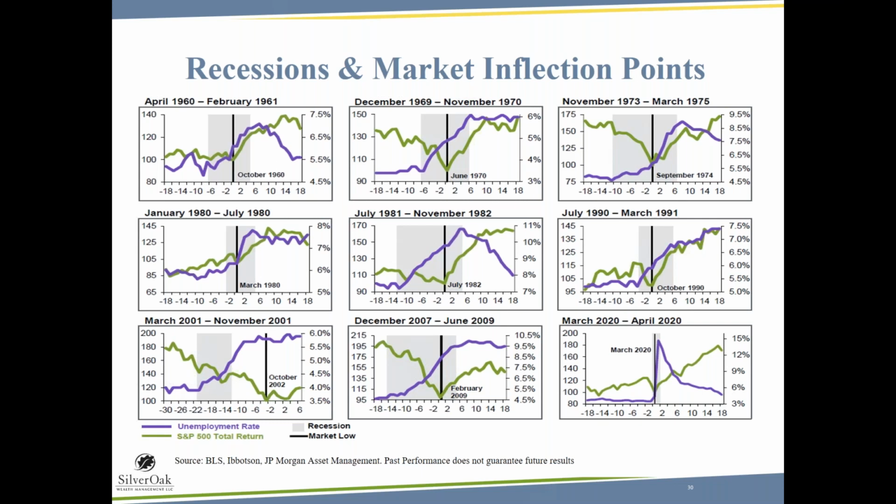The green line, again, representing the stock market, hit the bottom where the black vertical line intersects, and it started to improve. The purple line at the same time started going up, but that's not good. That's unemployment going up. So the market is improving at the same time unemployment is worsening. It's kind of counterintuitive to a lot of folks.